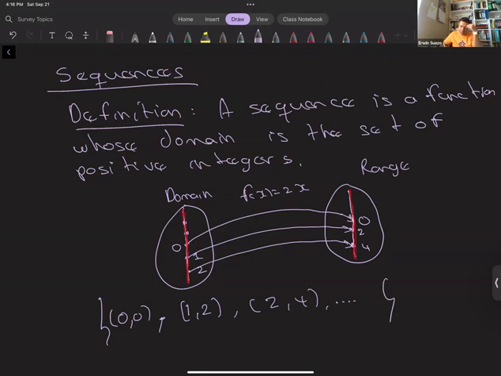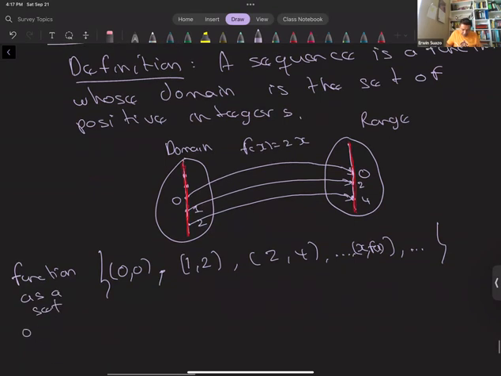Okay. So in general, you got x with f of x, right? So it's a set. So this is really your function. The function as a set, or relationship, or relation.